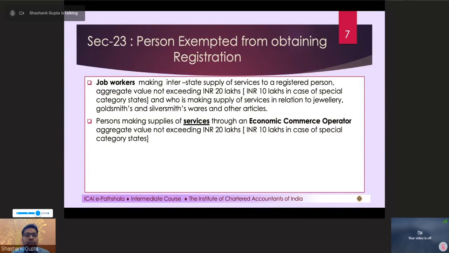Similarly, job workers making interstate supply of services have also been exempted, and persons making supplies of services through an e-commerce operator. We had read that any person making supplies through an e-commerce operator is covered under compulsory registration, but services have been exempted up to the basic threshold limit. Why? Because of this new setup.